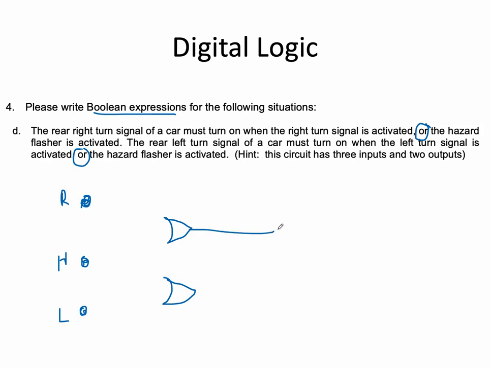And over here is the right tail light, or turn signal. Or sorry, what did I call it? Yeah, I'll call it the right tail light. And so that should go on if the right-hand turn signal is turned on or the hazard is turned on.